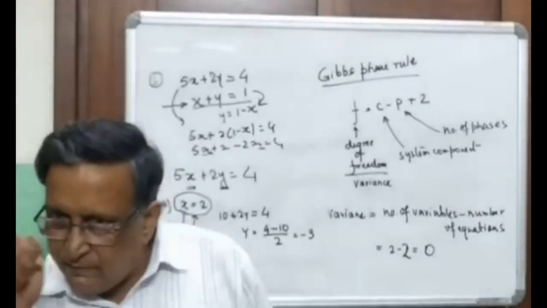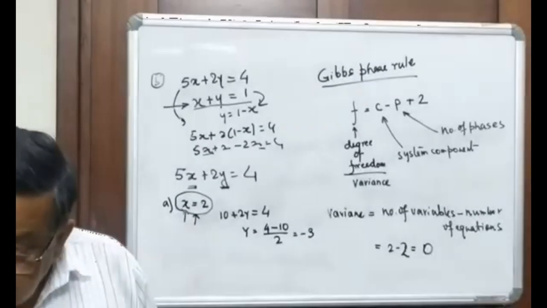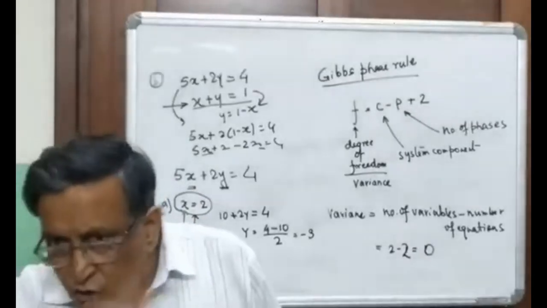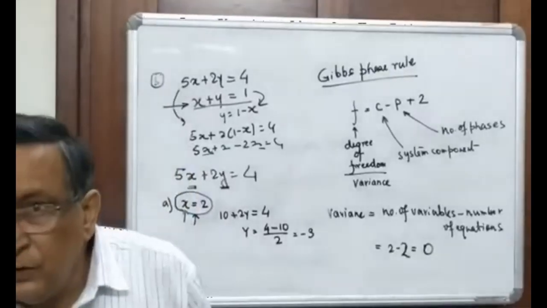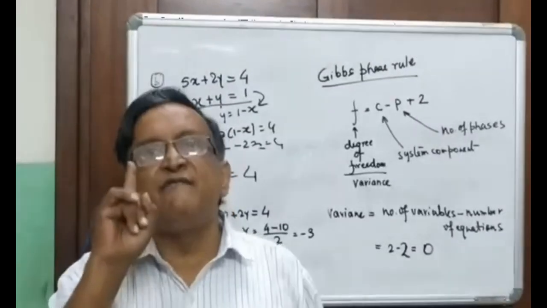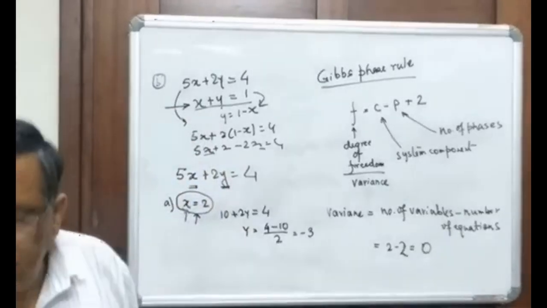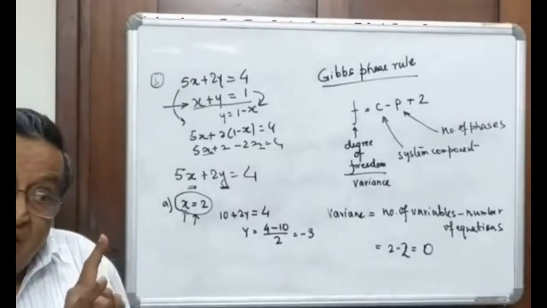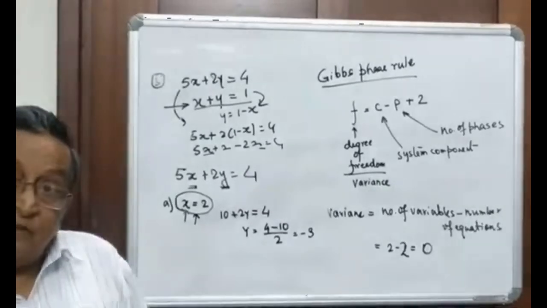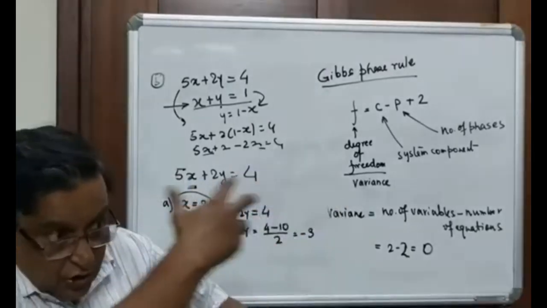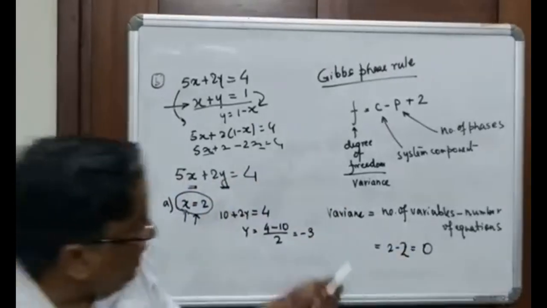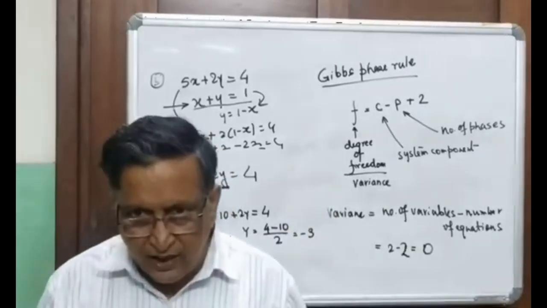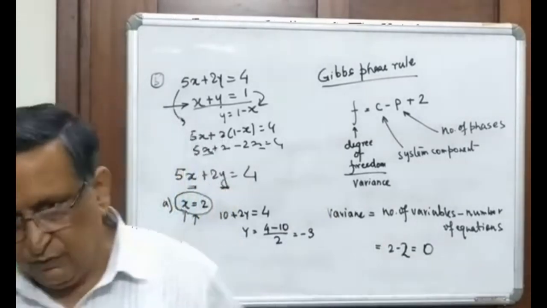It can tell you only the number of variables it cannot find out, not even what the variable is. So those are the values you have to retrieve from somewhere else, or change your system so that your f becomes equal to 0. That means whatever variables you give, it will be determined.